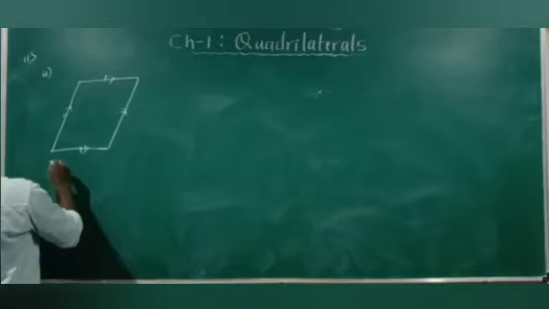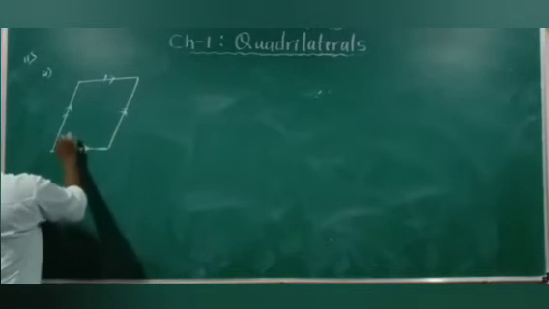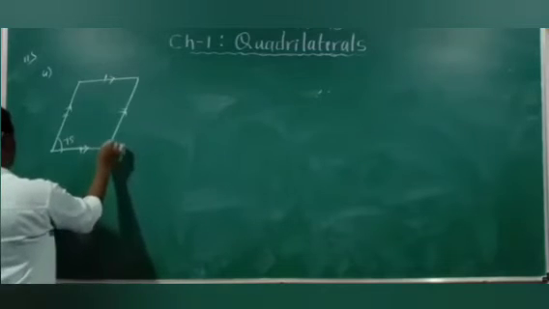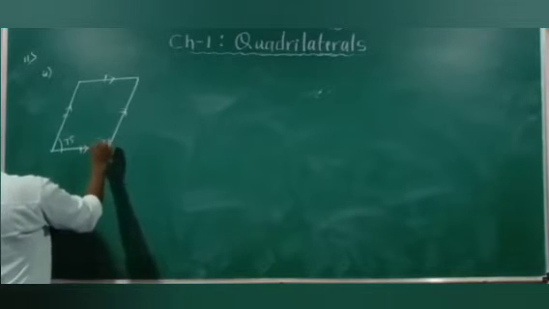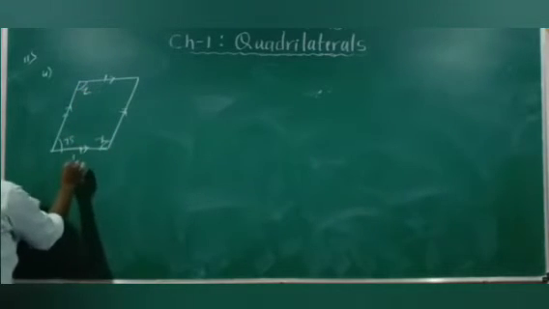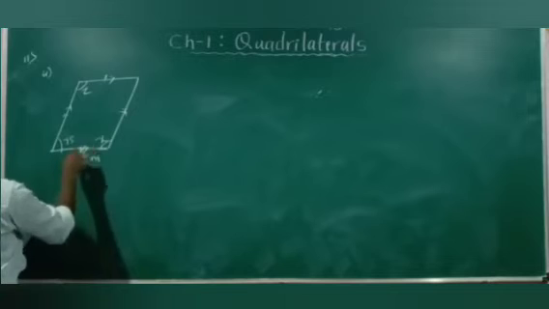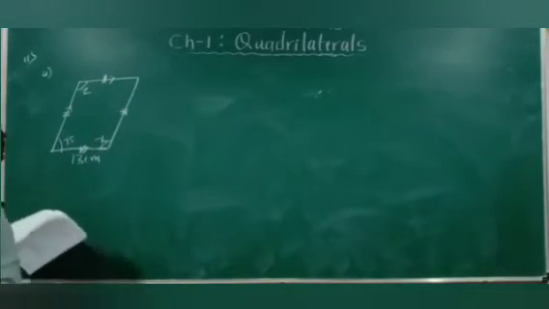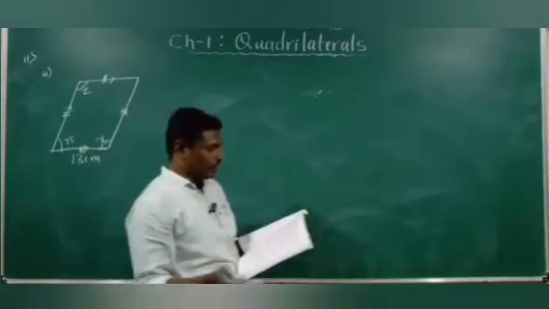So here this angle is 75 and this is x and this one is z, 13 centimeter. All the four sides are equal here, right? All the four sides are equal.